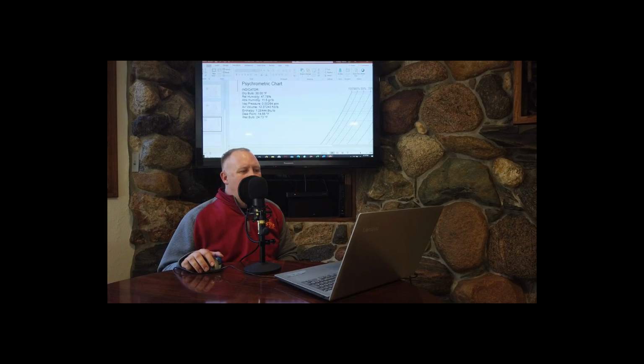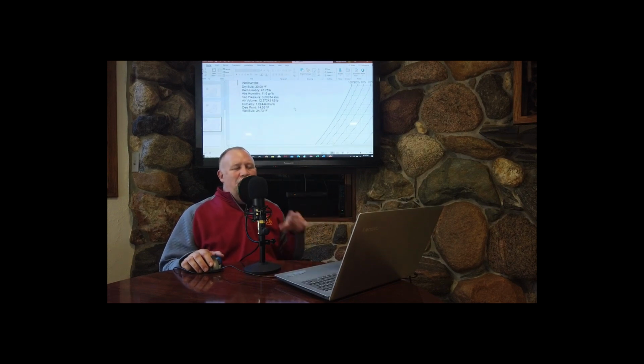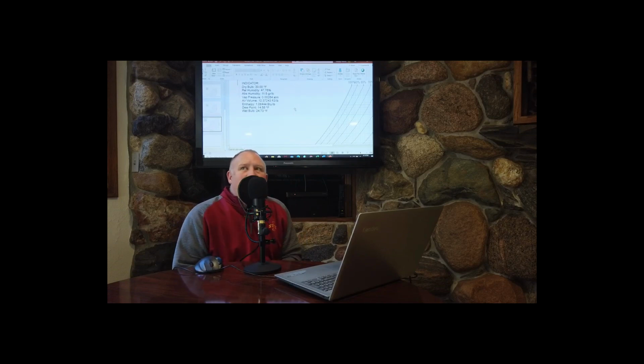And look at the absolute humidity, only 11.5 grains. If you were to plot 0 degrees Fahrenheit and 50% relative humidity, I'm going by memory here, which is always dangerous, but I want to say it's like 2 grains or something. It's very, very little moisture.